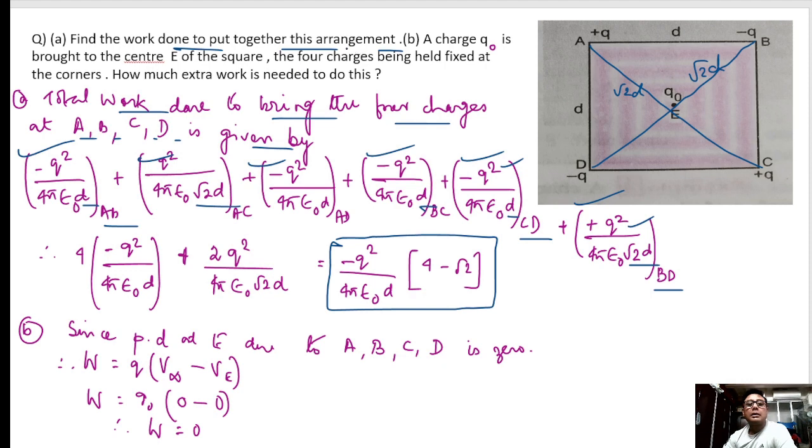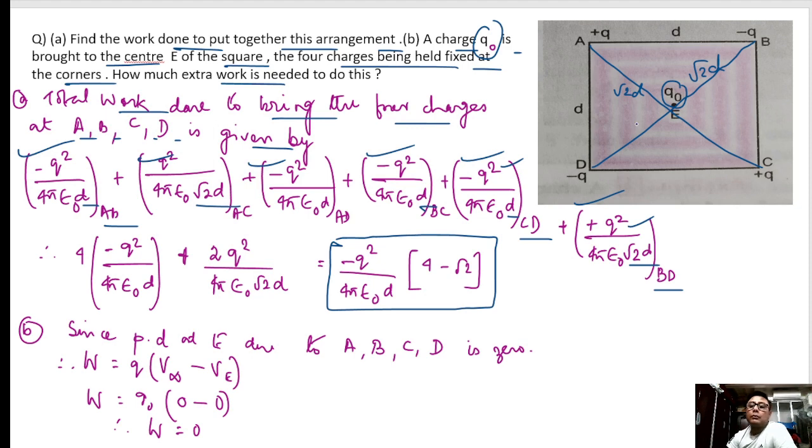a charge Q0 is brought to the center of the square, the 4 charges being held at the corners, how much extra work? Okay, so if I want to bring a charge Q0 to the center of the square, how much extra work do I have to do?